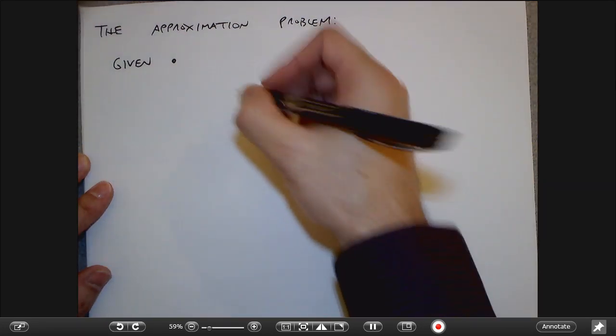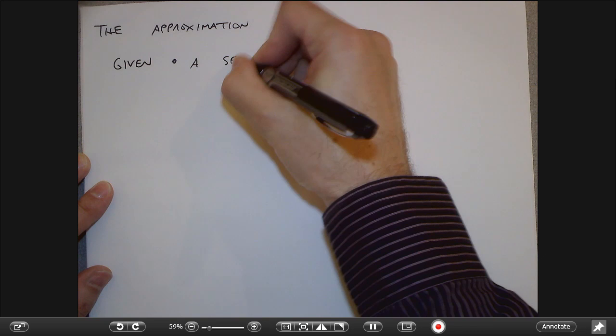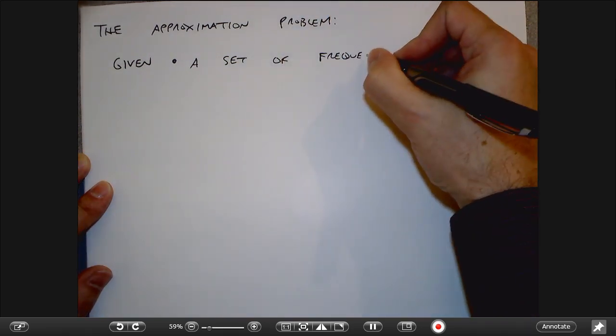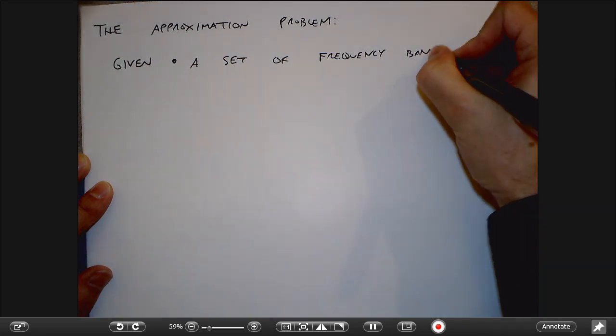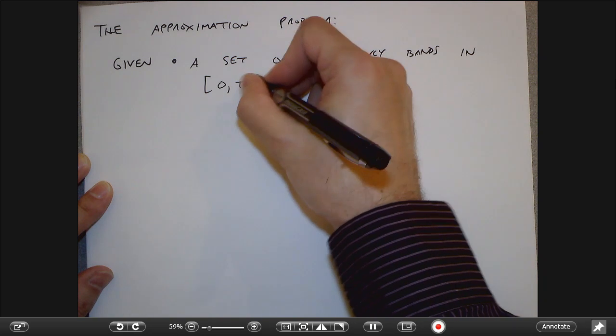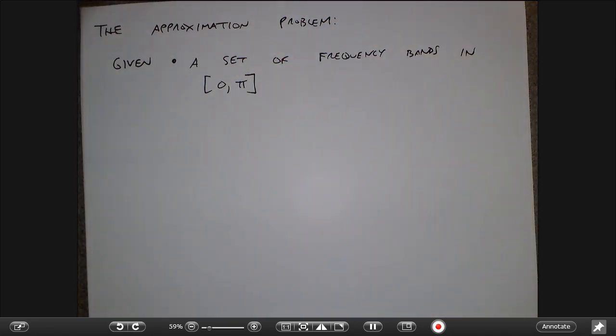So given a set of frequency bands in this 0 to pi range. So for example, in our case, I'm kind of saying, okay, here's the pass band, here's the stop band.